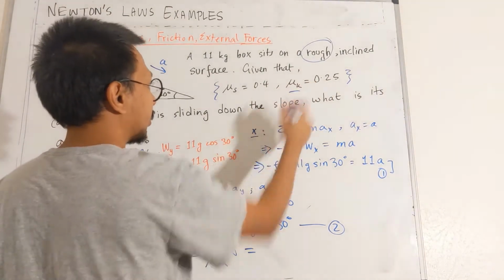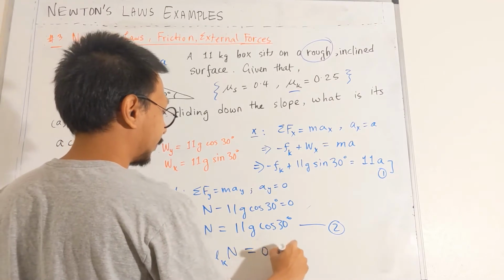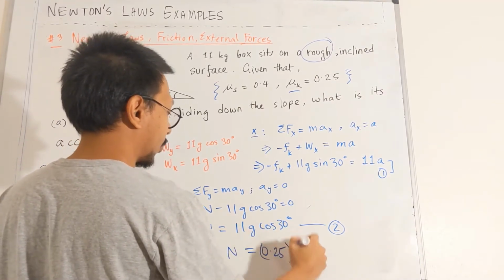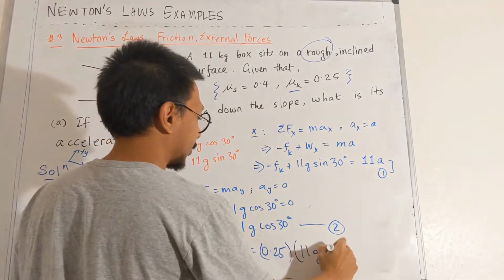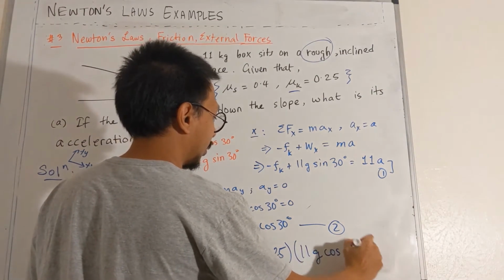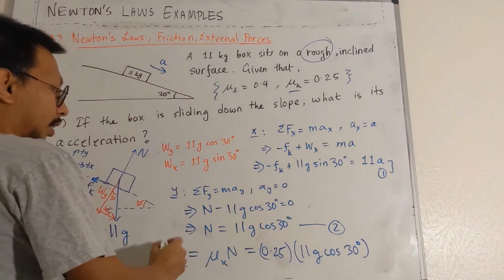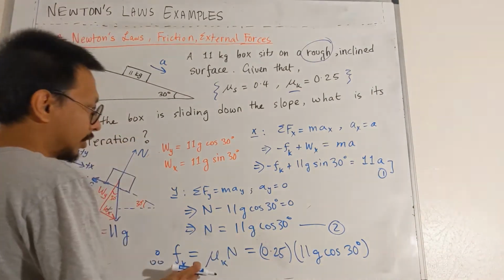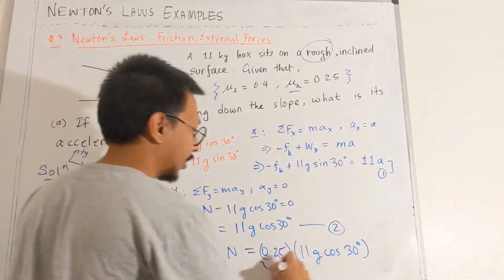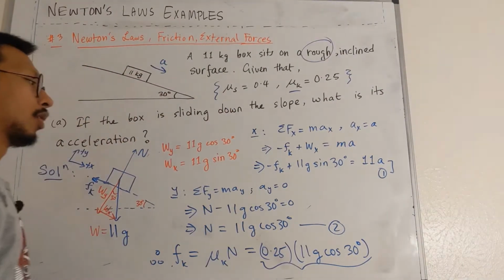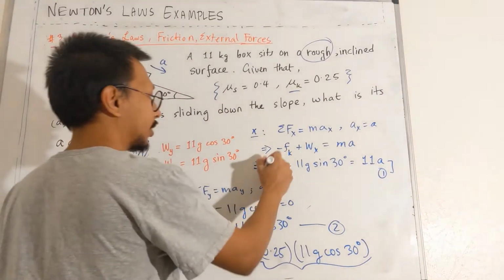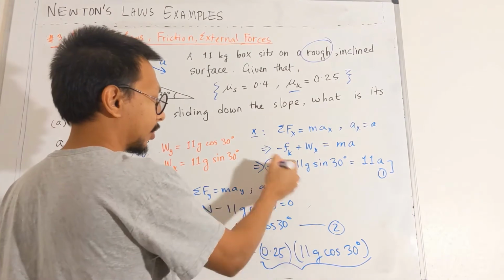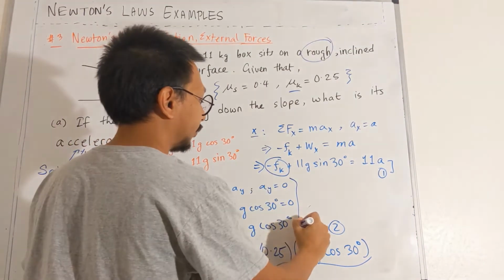Friction then is 0.25 times normal force, which is 11g times cosine 30. Then, since you know friction, wherever you see Fk, replace Fk with this whole expression. So here we see Fk, we can plug this expression in. Let's do that.